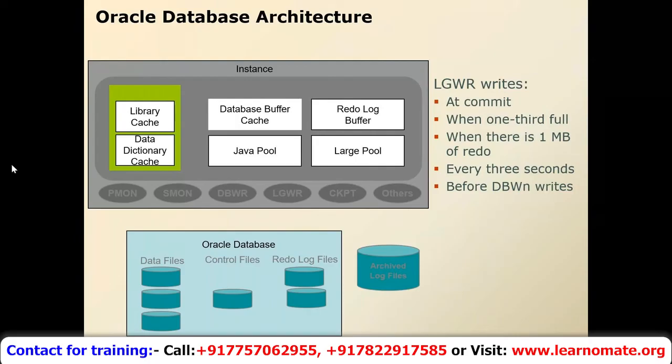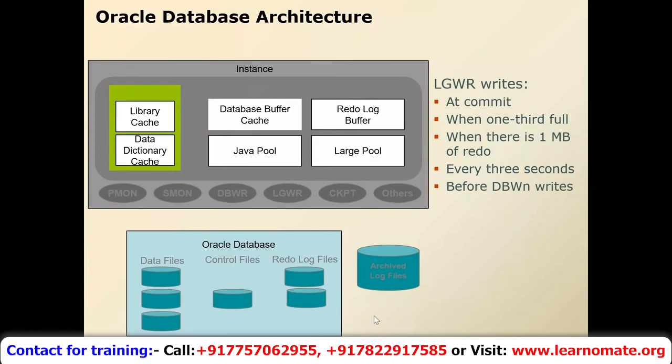From the database buffer cache, the change gets written to the redo log buffer, and at the same time, from the database buffer to the data file, the database writer process helps in writing the data. Whatever changes happen to the database, a copy of those changes gets written to the redo log buffer, and then from the redo log buffer, the data gets written into the redo log files. So for GoldenGate purposes, GoldenGate is a change data capture tool.